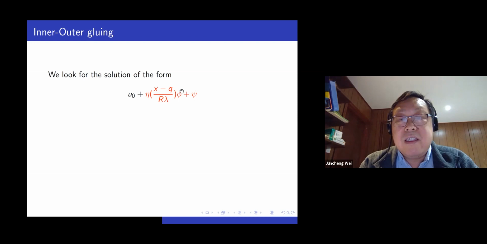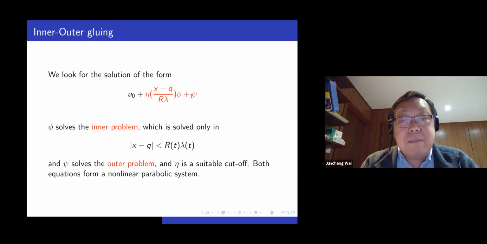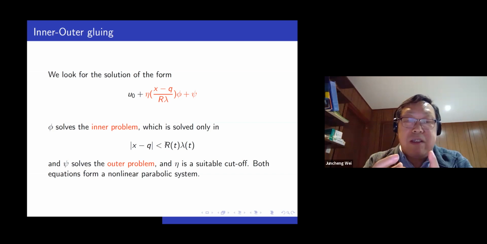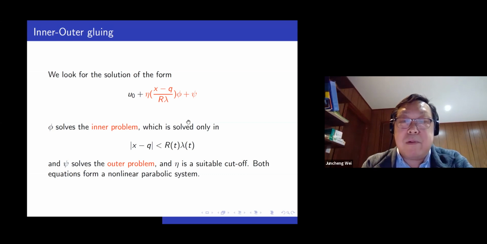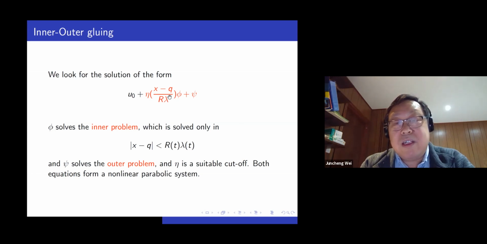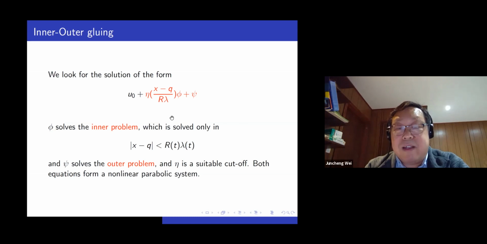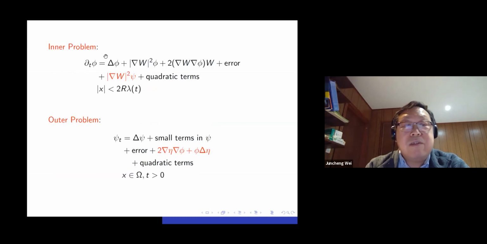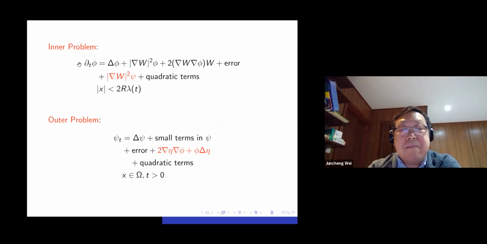The inner problem, phi, is only solved very close to the blow-up point, and the outer problem summarizes all the error you have because of that. So this is the inner-outer system.